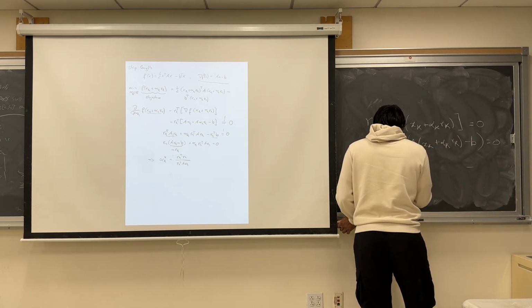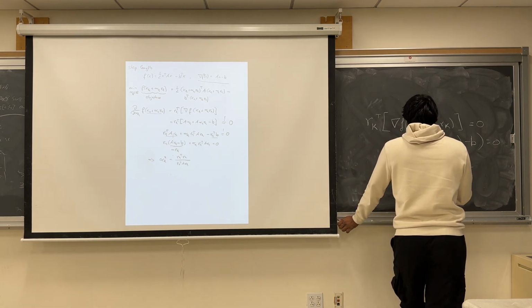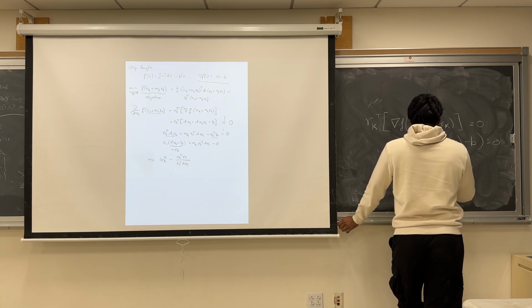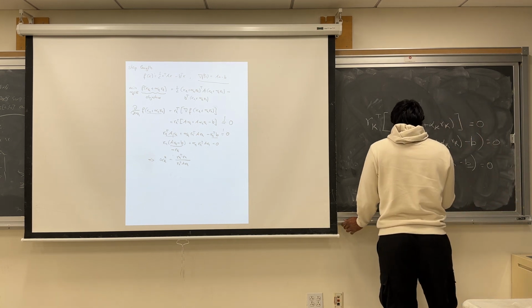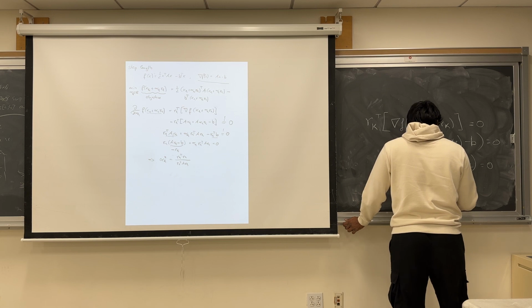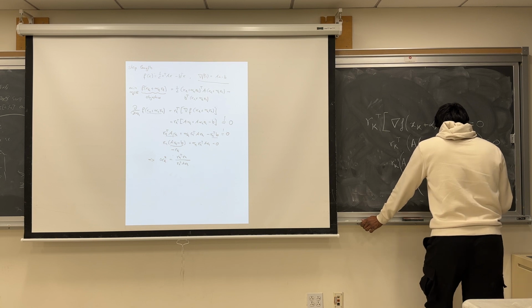So rk transpose (A xk, let me just put that in bracket, plus A alpha k rk minus b) equals 0. A xk minus b is minus rk, so rk transpose (A alpha k rk minus rk) equals 0.